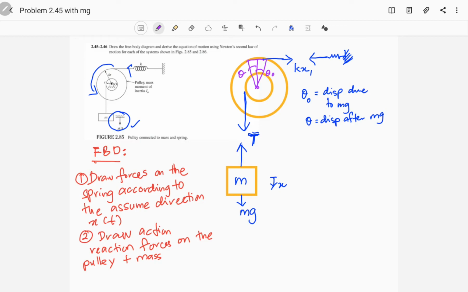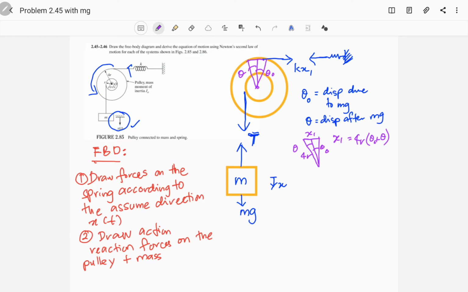So in terms of the triangle relationship with x, your x1 is the combination of theta naught and theta. So this is your x1. x1 is equal to, and the radius is 4r here, x1 equals 4r times (theta naught plus theta).